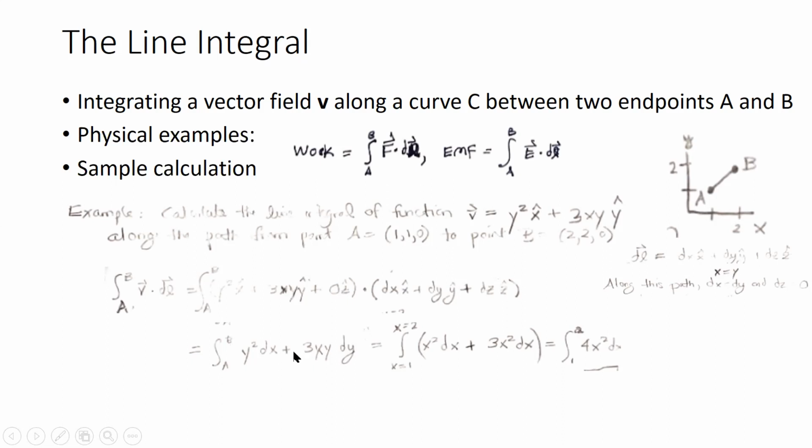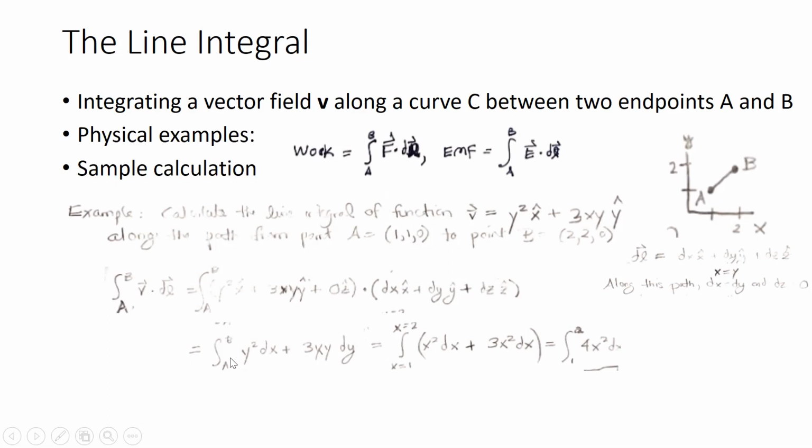Because normally when we evaluate integrals, we have the integral of, say, x squared dx or of y dy. Well, here's where we use the fact that along this particular path, we know that x is equal to y, and that dx is equal to dy, because the path is a straight line with slope 1.